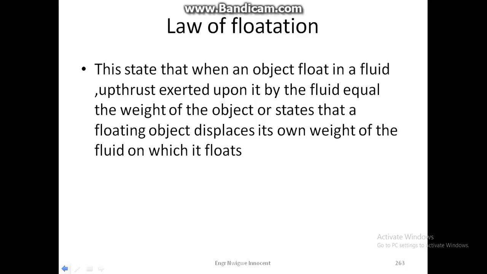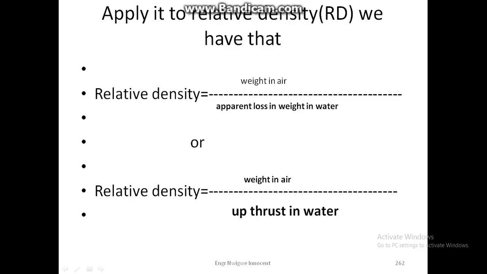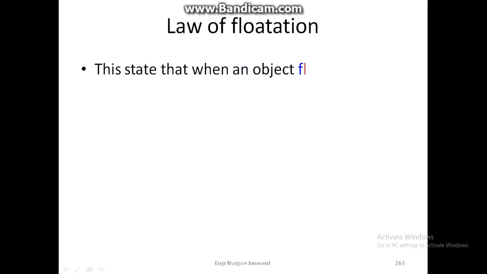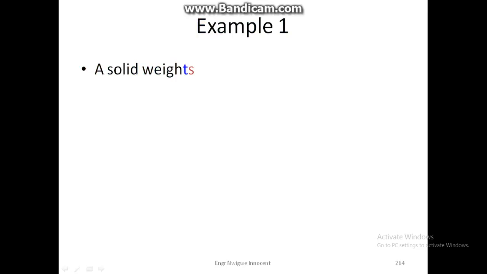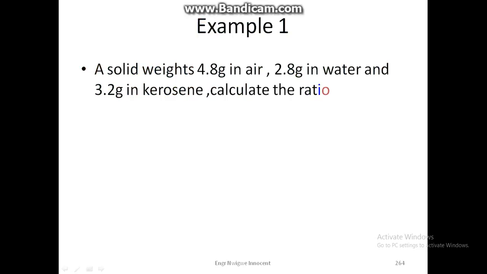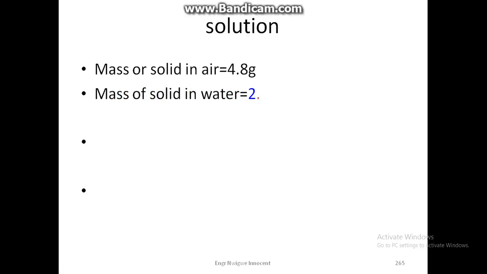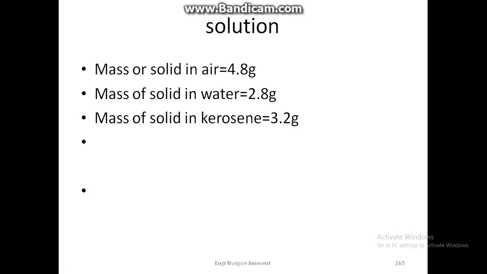Example 1. A solid weighs 4.8 grams in air, 2.8 grams in water, and 3.2 grams in kerosene. Calculate the ratio of density of the solid to that of the kerosene. Solution. Mass of solid in air equals 4.8 grams, in water 2.8 grams, in kerosene 3.2 grams.